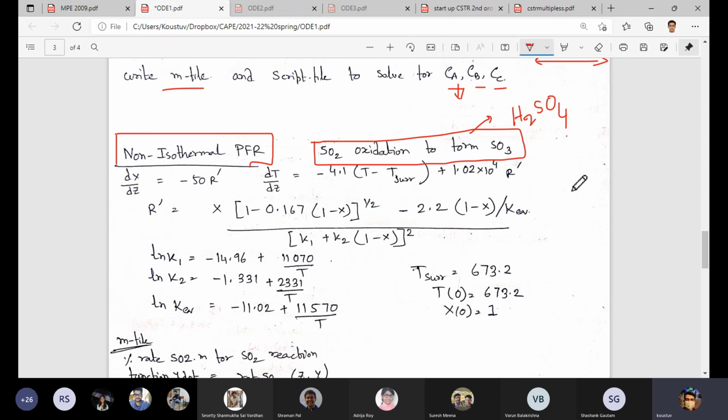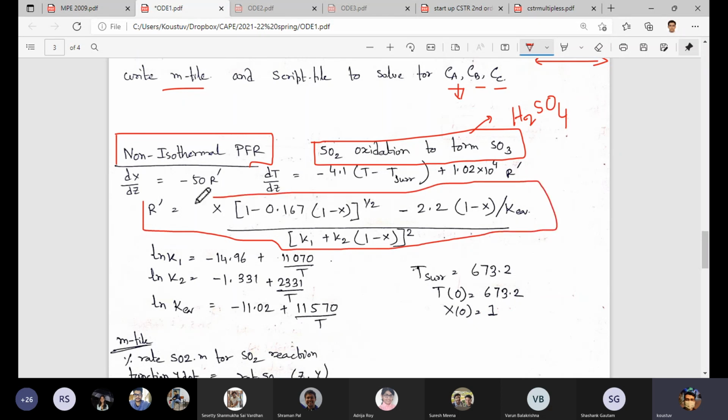As I said, the reaction rate r' is something different. It does not look like a very simple expression, because this is a catalytic reaction, so adsorption and desorption will be there. So adsorption equilibrium constant, desorption equilibrium constant, these are all there. You can understand and see the complexity involved in it.